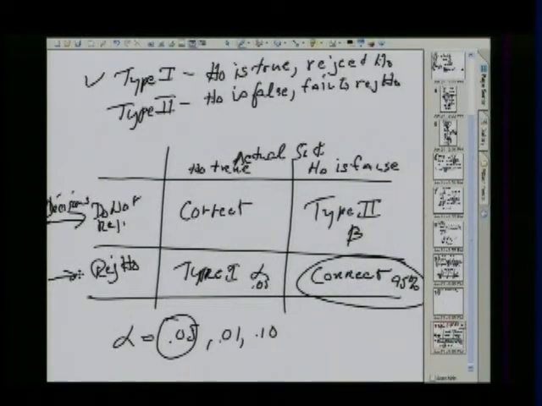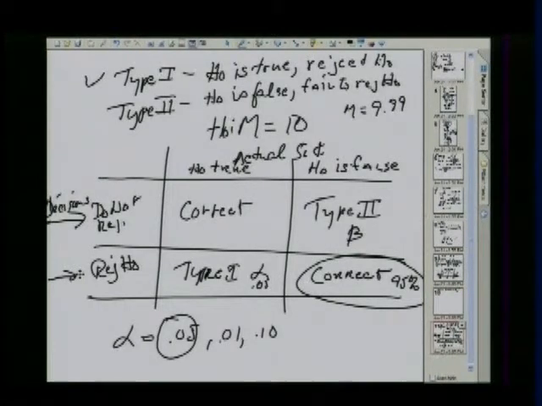So, if the problem told me that mu equals 10, and the true value for the mean is really mu equals 9.99, it's not very likely that I'm going to reject that null. I'm probably going to say it looks okay to me, even though I should be rejecting it because it's not equal to 10, it's equal to 9.99.